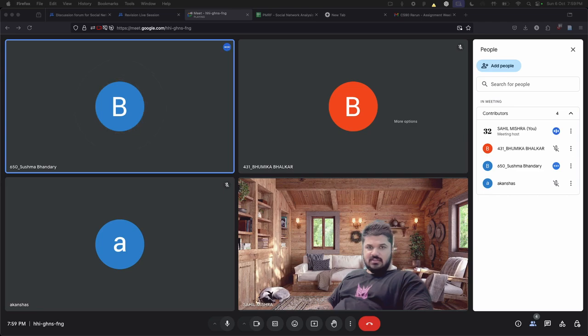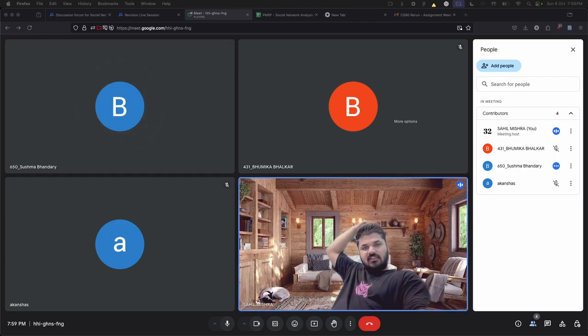Week 3. Okay, let me check 22. The boss is eigenvector centrality. Boss will be the PageRank, eigenvector, Katz centrality, this type of thing.